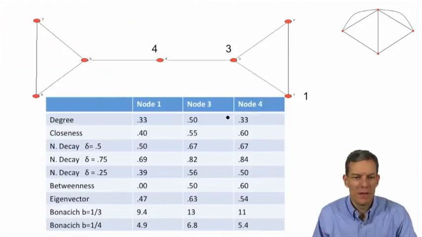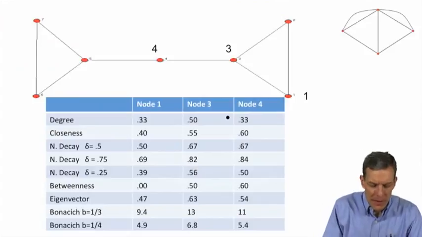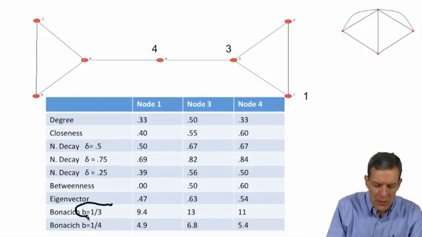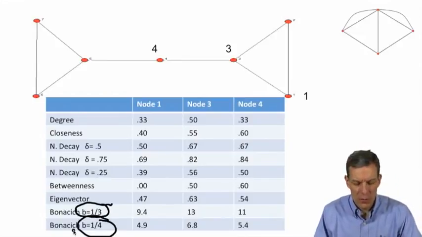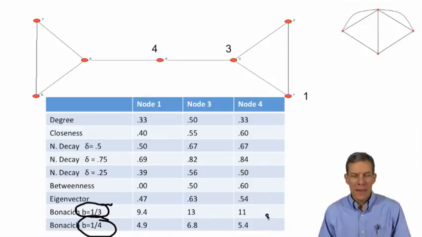But more generally, it can diverge from them. And depending on what b's you work with, you're going to get different notions. So here, if we normalize a to 1 and work with different b's, we can get different values of Bonacich centrality out. And it's going to be another measure of centrality.